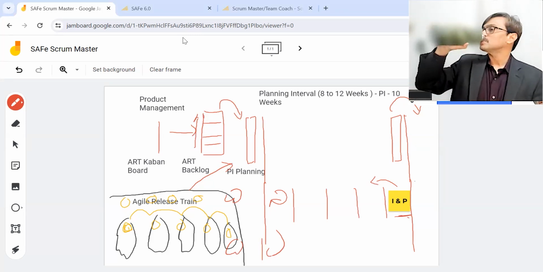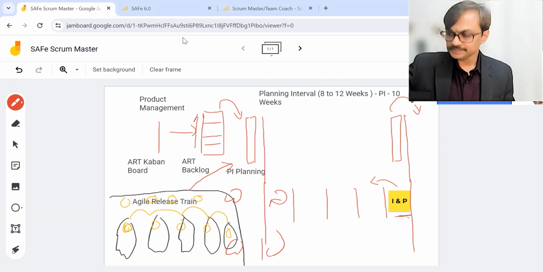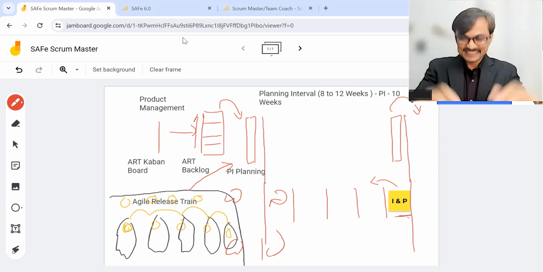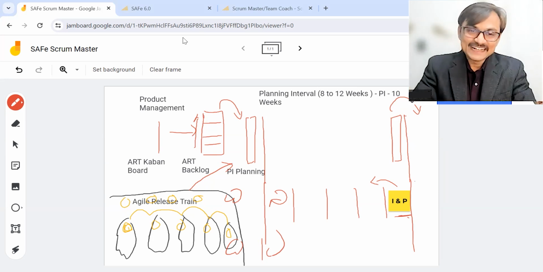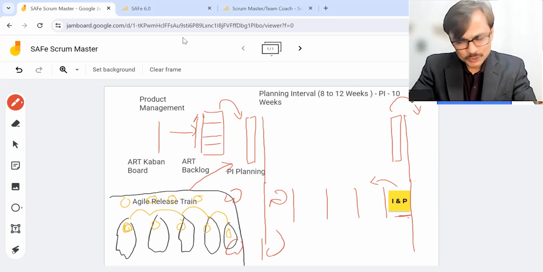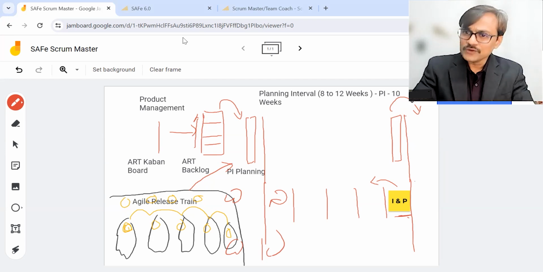Just a quick question about the duration of the iterations. We are saying it's going to be 2 weeks. Is SAFe strict about that, or does it leave it up to the team to decide on the sprint iteration length? In general, the content talks about 2 weeks, but they use the word "typically" 2 weeks. So you can go for 3 weeks also if you want, and you can figure that out in retrospect.